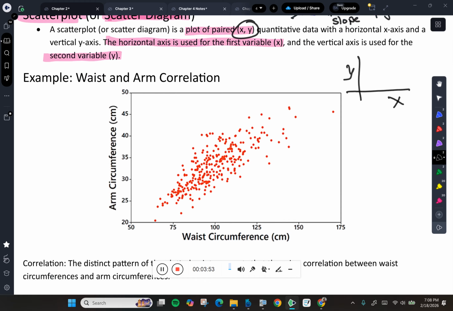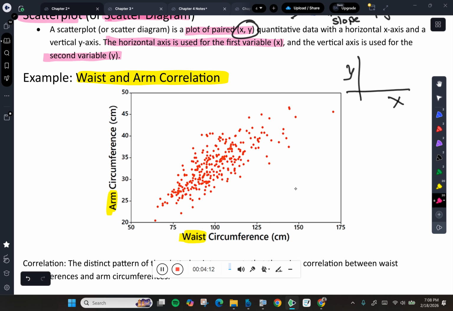Okay? Here's an example. This is a scatter plot of waist and arm circumference, and the correlation exists between them. So on the horizontal, we have the waist circumference for a data set. On the vertical, we have the arm circumference on the data set.